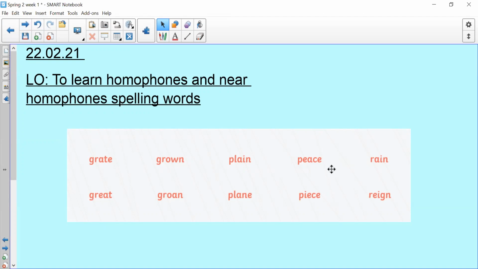Okay, most of them sound the same, some of them sound very similar. So, do you know the meaning of any of these words? Don't worry if you don't, because we're going to be learning them today. The ones we're going to be focusing on today are the first 6. Okay, so these 3 pairs here.